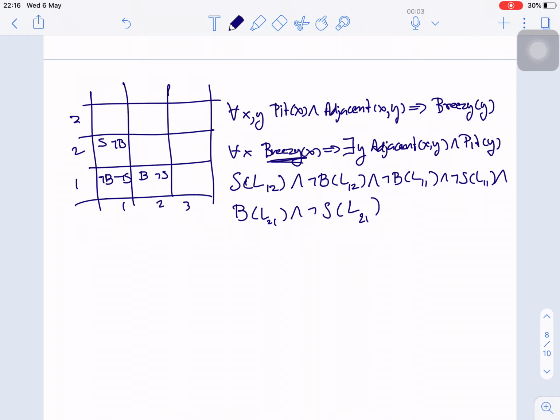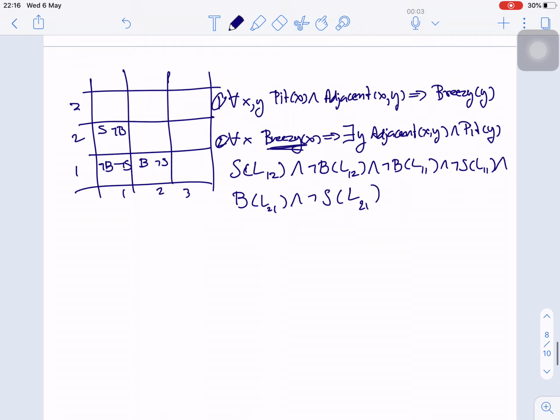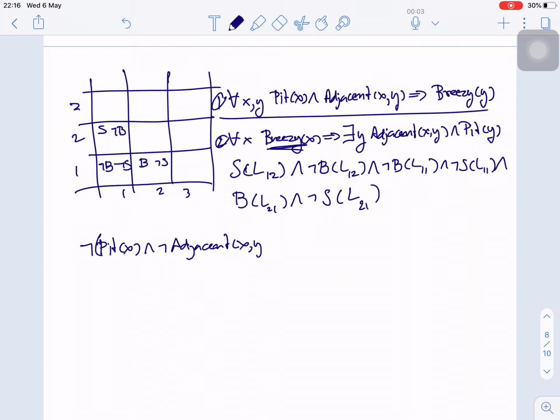Now we already converted the first and second sentence into conjunctive normal form, but I think you can do it fast. For the first statement, we can do it like not pit x and not adjacent x y or breezy y.